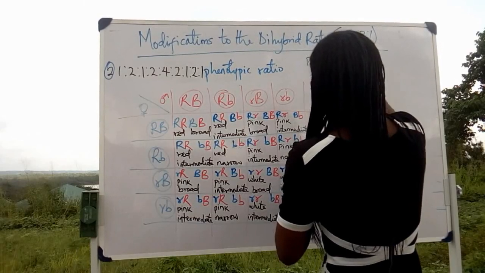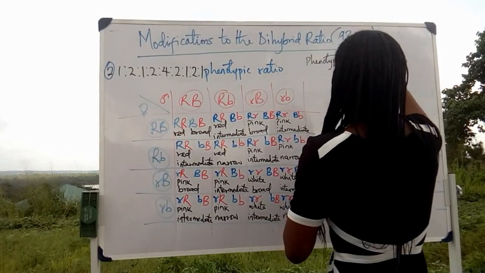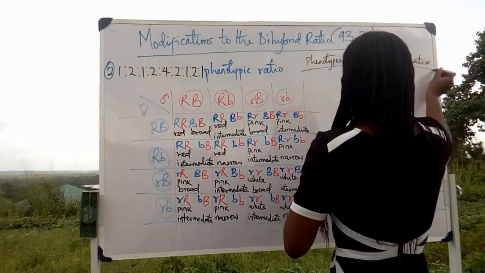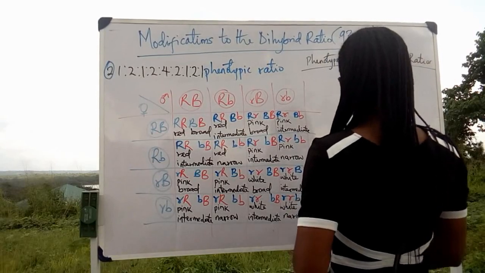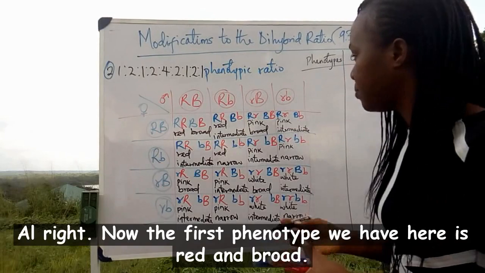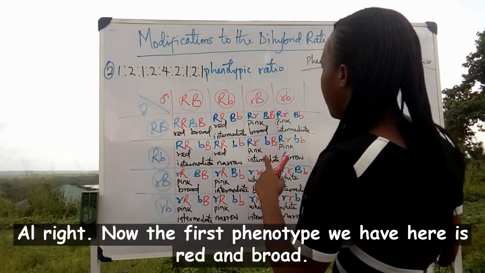Phenotypes. All right. So now the first phenotype we have here is red and broad.